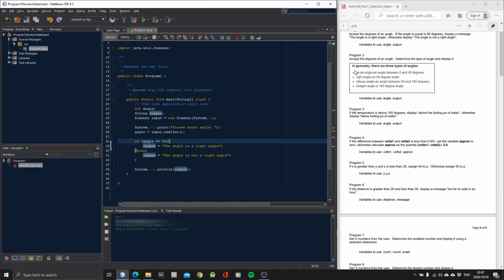So the first part says an acute angle, an angle between 0 and 90 degrees.